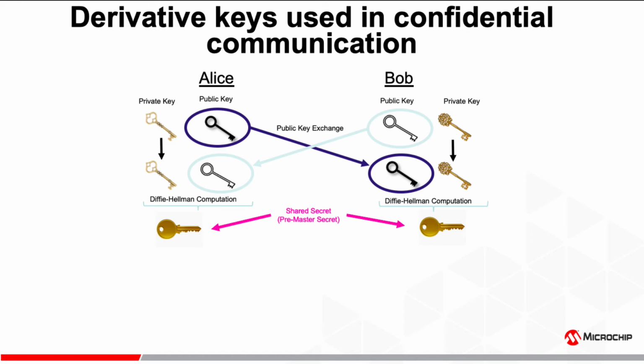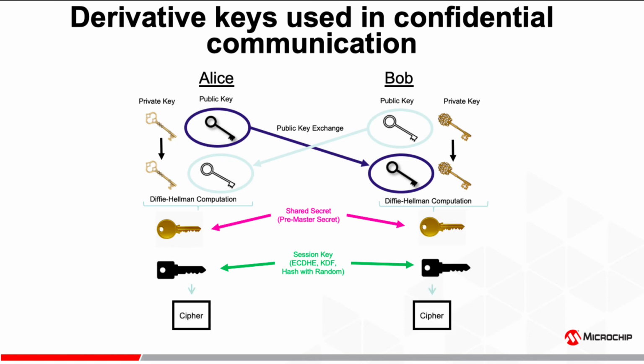They would create their session keys somehow. They would use ECDHE, ephemeral ECDH, or they would use a KDF, or they would simply hash their shared secret with a random number to create a session key, which would be used on a cipher to take plain text, turn it into ciphertext, and then turn ciphertext back into plain text.